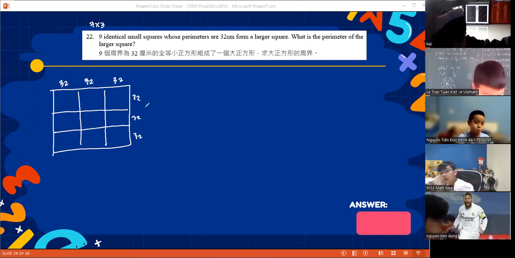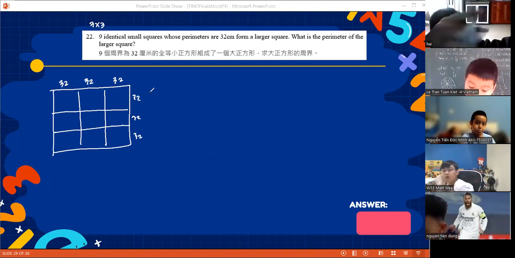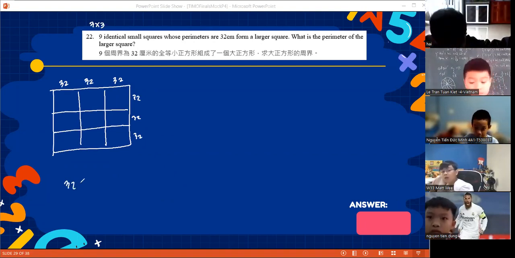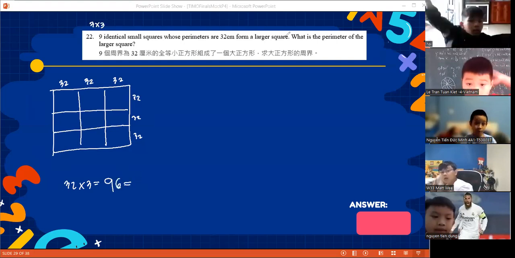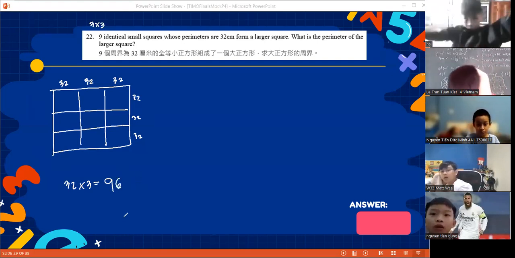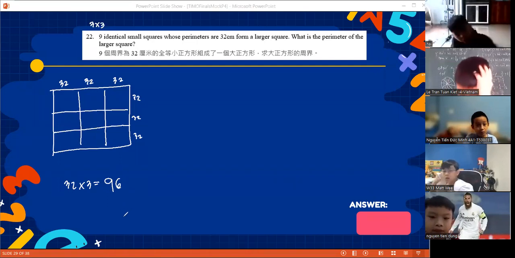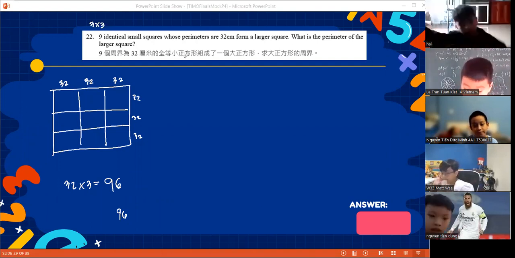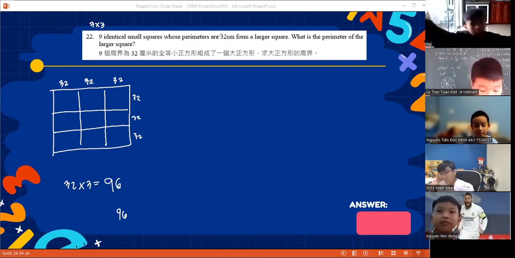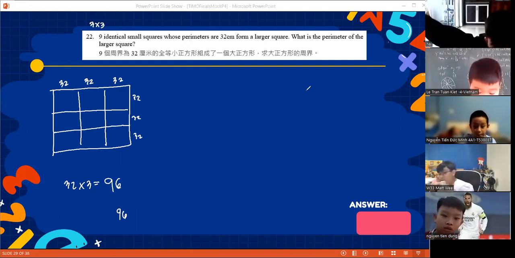So 32 times 3, that would be 96, and then there are 4 of it. So 96, and then divide at, what's the question? What is the perimeter of the larger square? 9 identical small squares whose perimeters are 32.